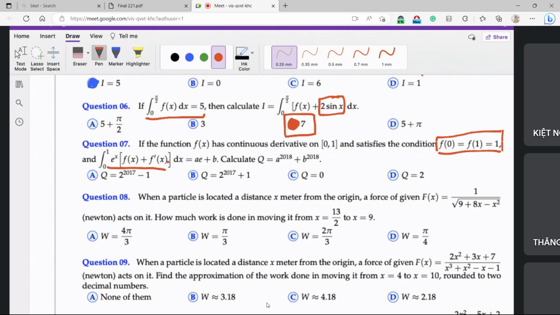When you have a function times the derivative of another function, which method do you think about?